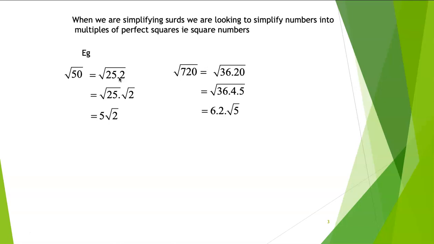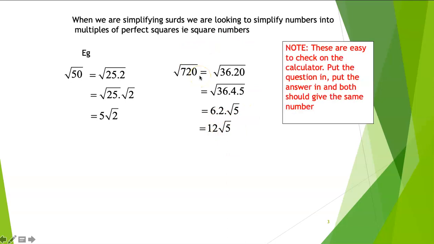The square root of 36 is 6, the square root of 4 is 2, and the square root of 5 is irrational, so you can leave it as it is. The answer is 12 square root of 5. Now to check the answers, you can find the answer for this in the calculator, find the answer for the other one in the calculator, and just make sure they give you the same value.